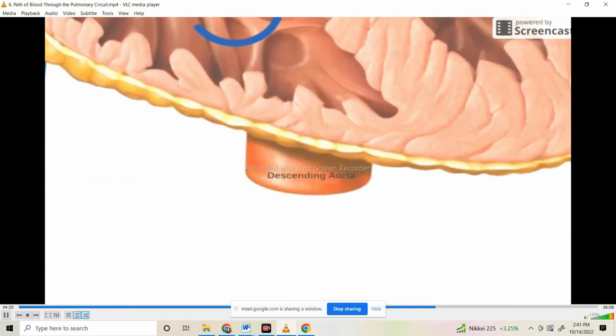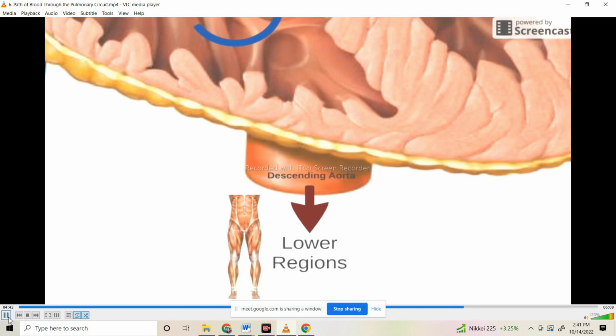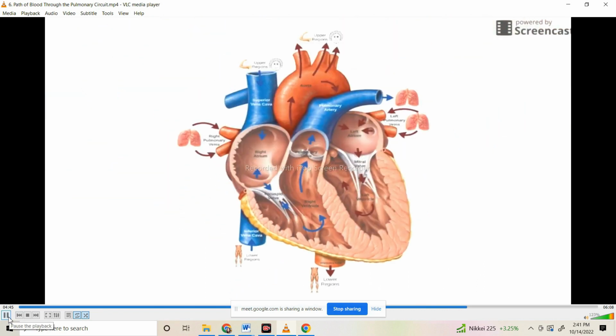It flows downward through what we call the descending aorta. The descending aorta has arteries branching off of it that carry blood to the lower regions of your body, like your legs and your torso. So that is the route of blood through our heart.